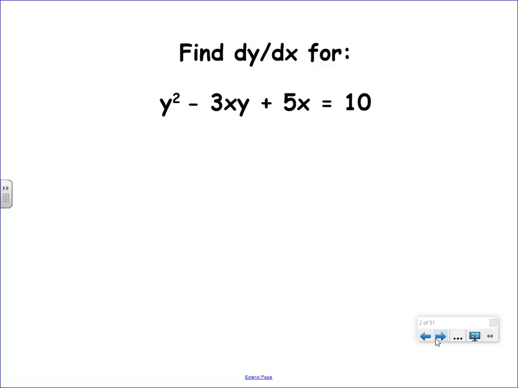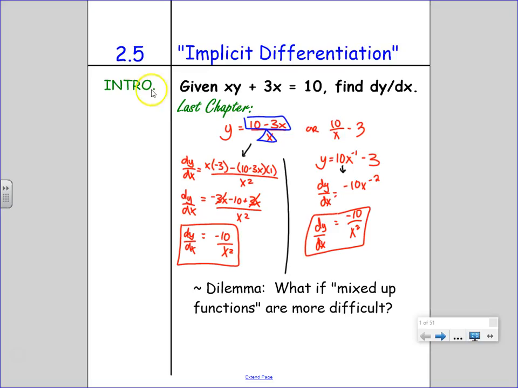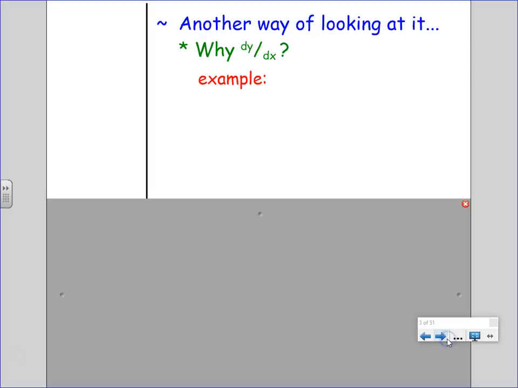Nobody wants to do that, right? And this one is not even possible because we have a 3xy, it's messed up. So if we were stuck every time with getting y alone, we'd be in some deep trouble with more mixed up functions with x's and y's put together. So there has to be another way, and there is.